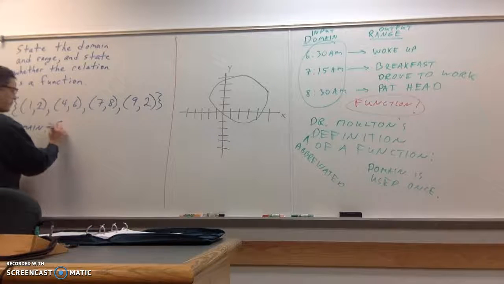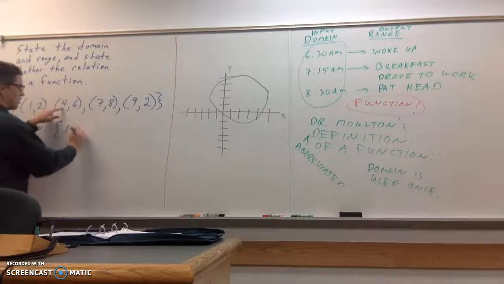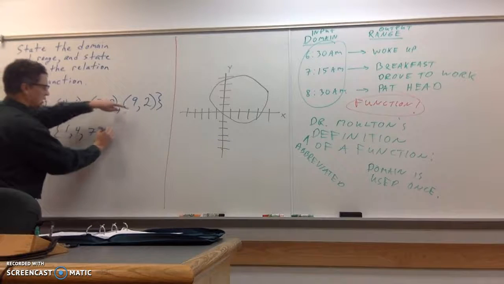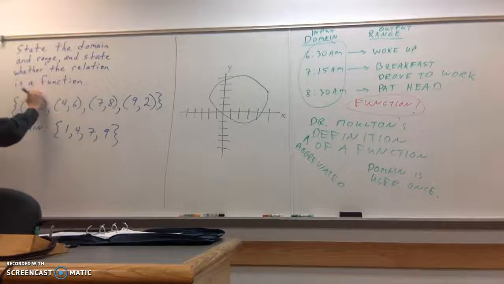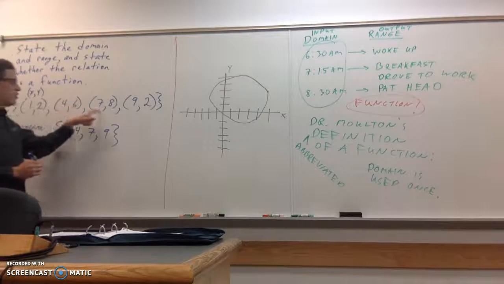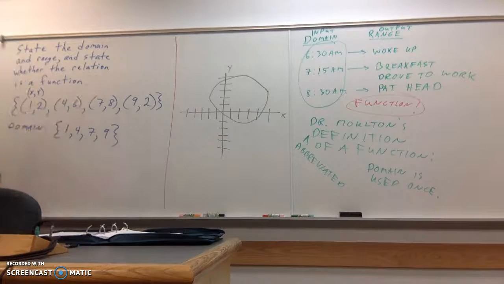So it's the numbers 1, 4, 7, and 9, because we're looking at x, y coordinates here. So I'm just going to pick every single one of my x coordinates, and that's going to be the domain.